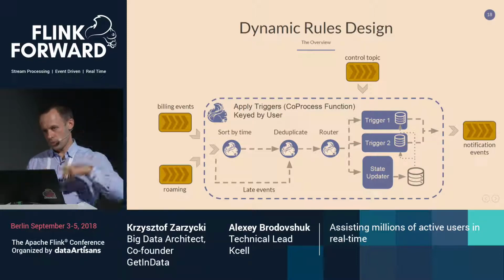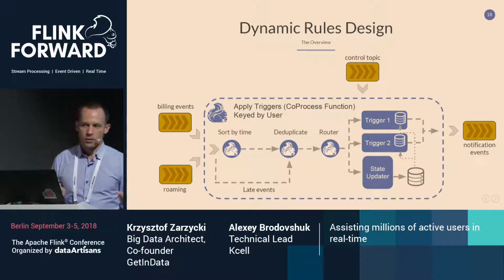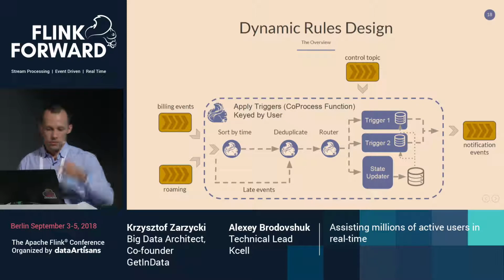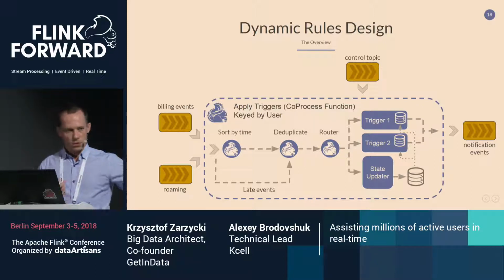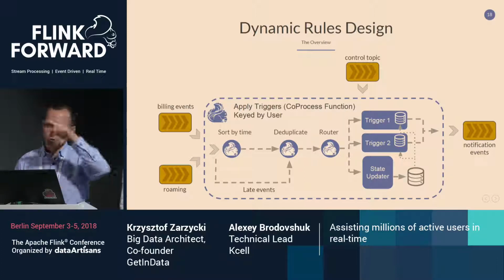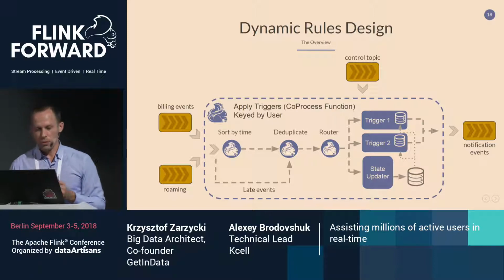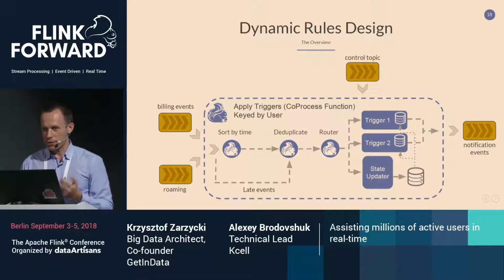That is shared among the triggers. So for example, the user balance. There's a state updater that consumes events that change the balance, right? And updates the state, and all the triggers just look up the state, right? That was really possible only if we operate in the same operator in Flink.